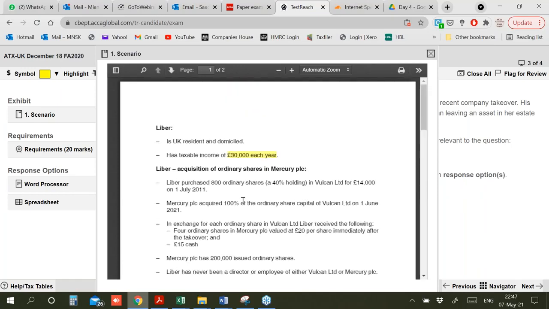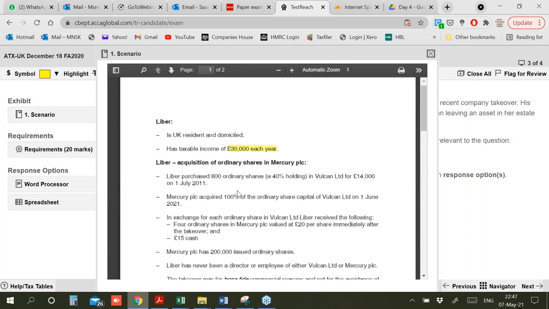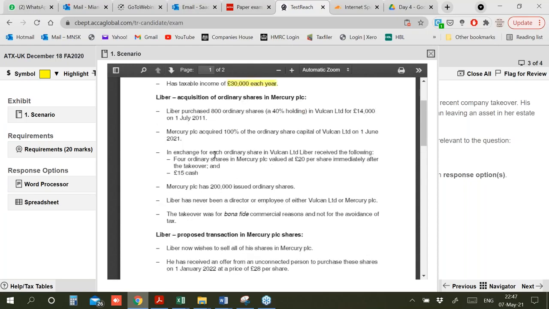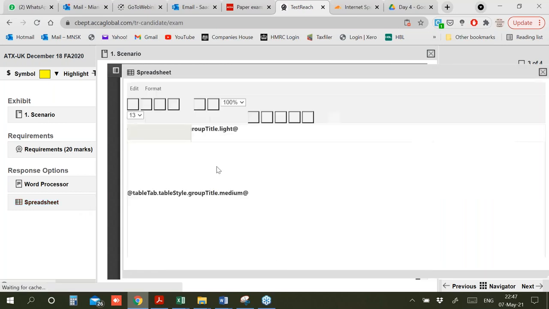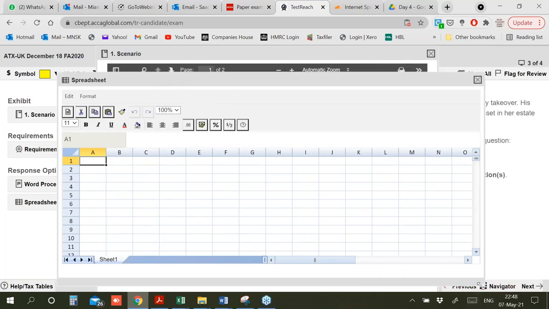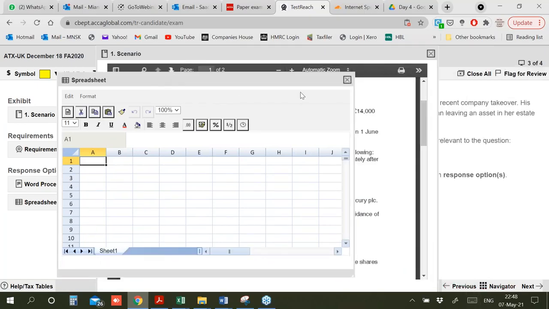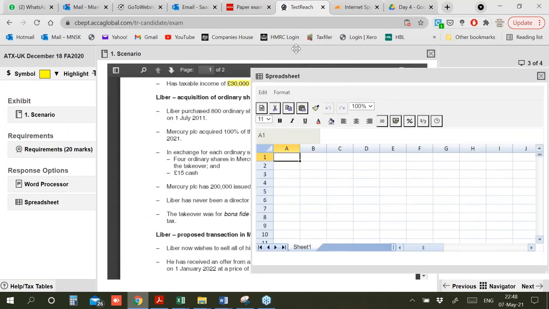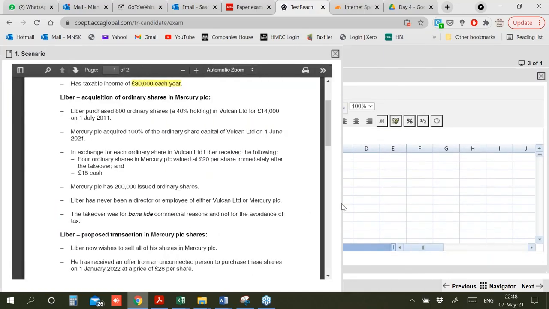Firstly, let's go back and do the calculations for the takeover. For that, I will open the spreadsheet, and open the questions and the spreadsheet side by side.